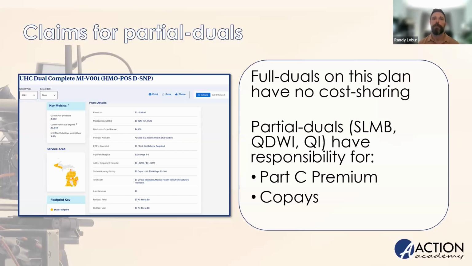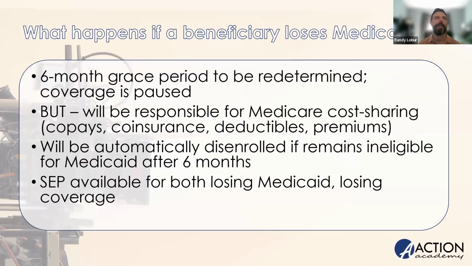They wouldn't be considered participating with the DSNP. So oftentimes you may see a little bit of variability between the PPO network in the regular MAPDs versus the DSNP case. So short answer is it's carrier specific.